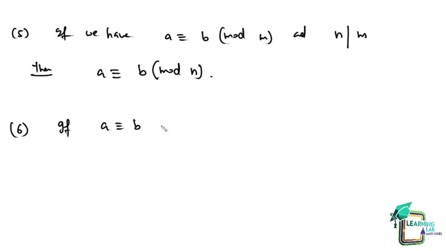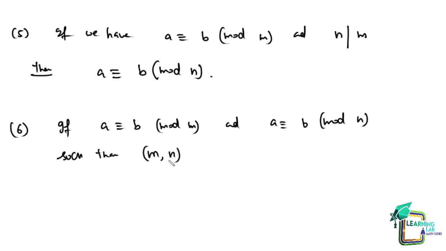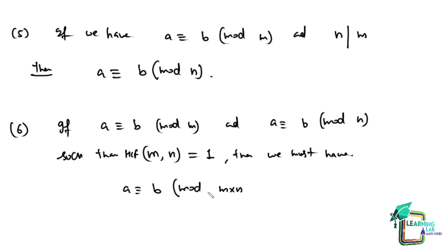If A is congruent to B mod M and A is congruent to B mod N such that M and N are co-prime integers, that is HCF of M and N is equal to 1, then we must have A is congruent to B mod M into N. This is property number 6, right?